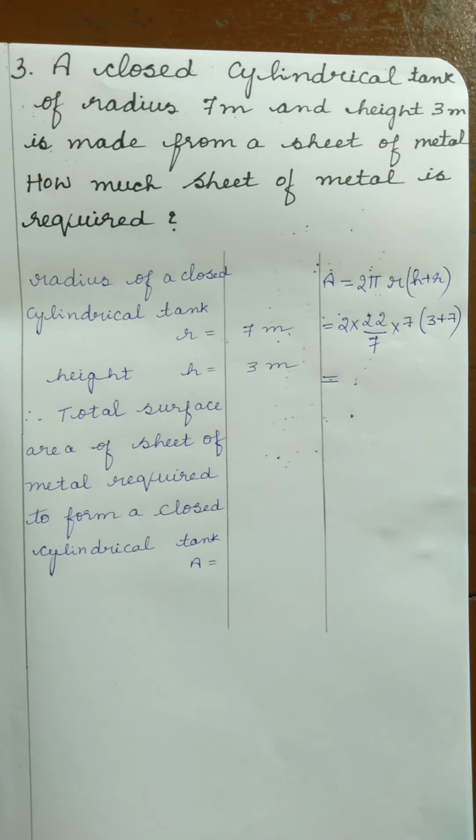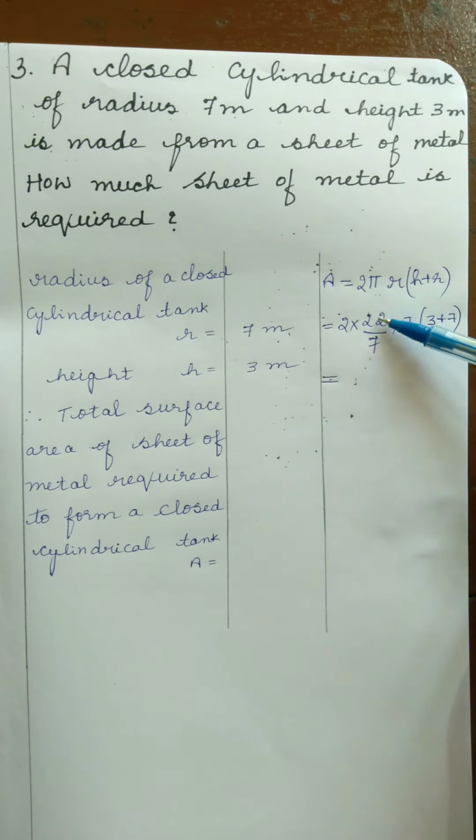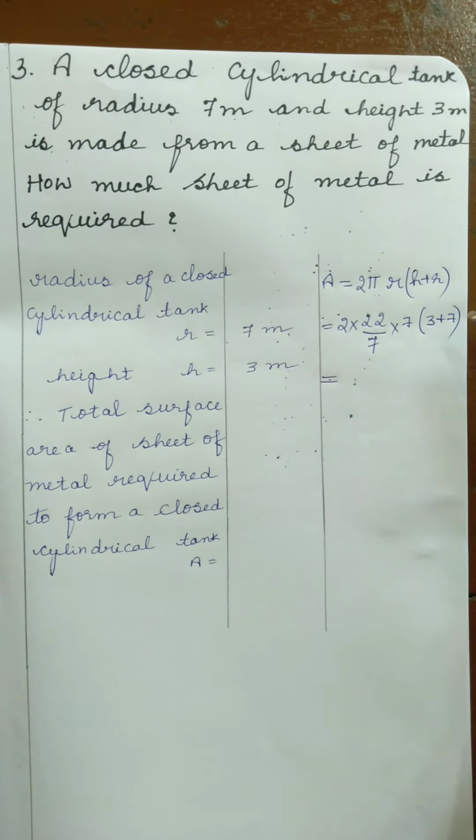In the next step, substitute the values, that is 2 into pi, which has a constant value equal to 22 by 7, into radius 7 into (height 3 plus 7).